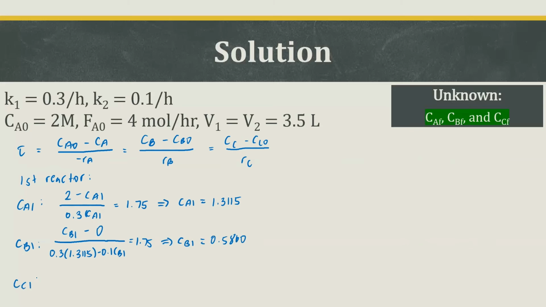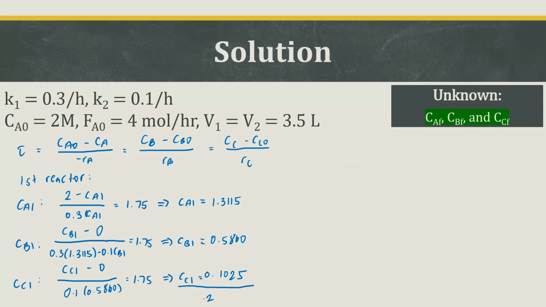Finally, for CC1, that's CC1 minus 0 over 0.1 CB1, so 0.1 times 0.5860, equal to 1.75. So CC1 is equal to 0.1025. If you add these three, you should get a total concentration of 2.